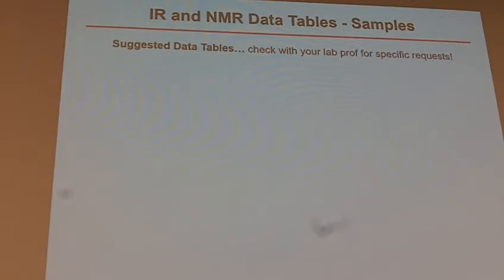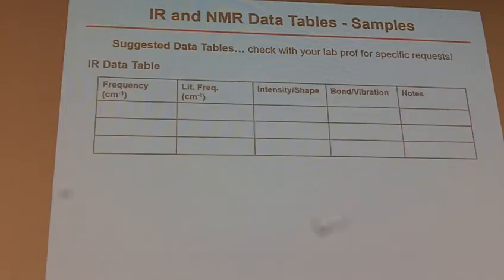Then we've got some data tables, and I'll put this PowerPoint on Moodle as well to help remind you of things. Remember from last semester the IR data table that you're going to put together. That's still the same. It's on page, I believe it's 520 of your lab manual. It's still the same basic IR data table that you will use for analyzing IR.